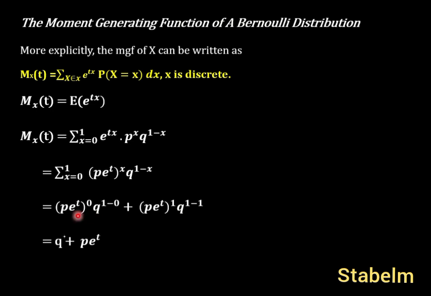So this is the moment generating function of a Bernoulli distribution, or better still, we'll write it this way: M subscript X of t equals p exponential t plus q.